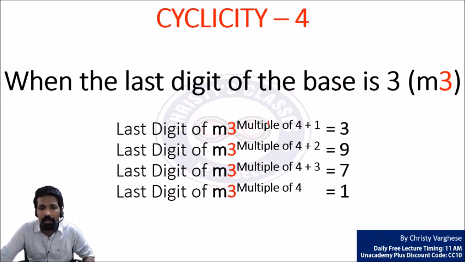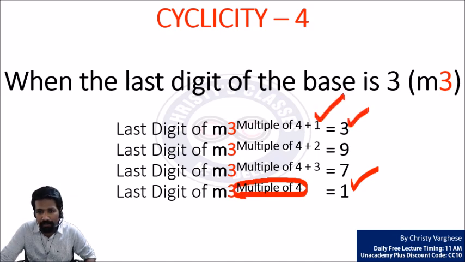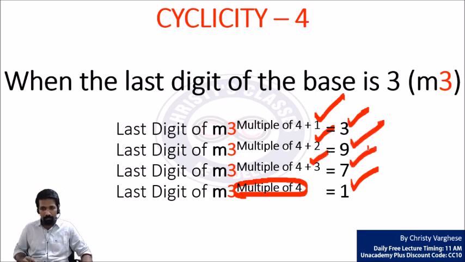So summarizing, for last digit 3, 4 elements are there. The fourth element will be the answer if the power is a multiple of 4. If it is a multiple of 4 plus 1, first element. If it is multiple of 4 plus 2, second element. If it is multiple of 4 plus 3, third element. Multiple of 4 plus 1 or remainder 1, both are same.